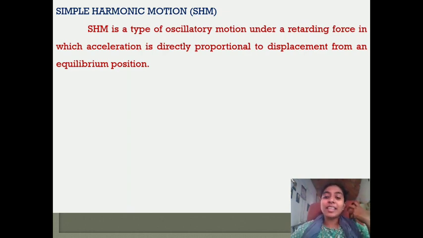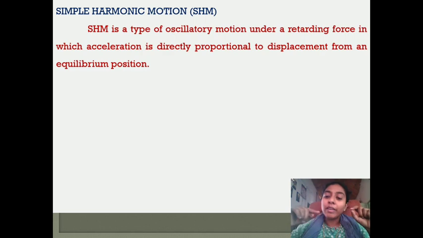Why do we call it a retarding force? The reason is, see, you take a string or a rubber band. It is at rest. You give a force, the acceleration starts increasing, the vibration or harmonic motion starts increasing. Then it comes to rest, right? So you will have the maximum.